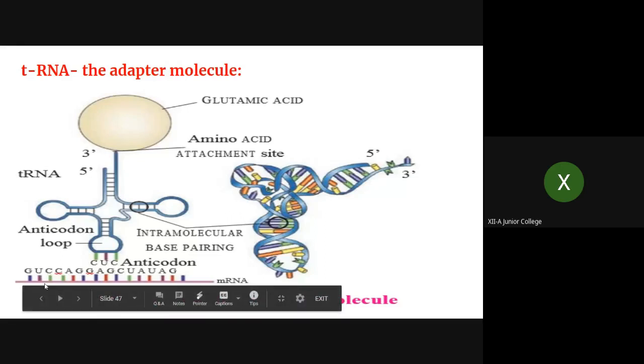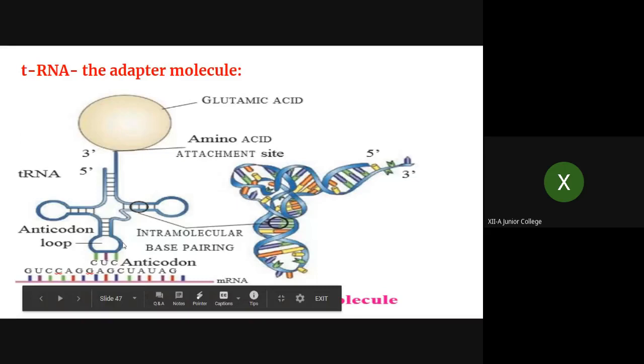This is the mRNA with 5' end and 3' end. Three consecutive nucleotides form a single codon, and opposite to this is the anticodon loop. The nucleotides present on the anticodon loop should be exactly complementary to the codons on the mRNA.